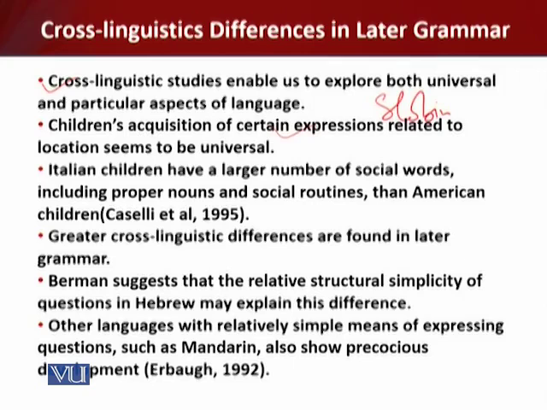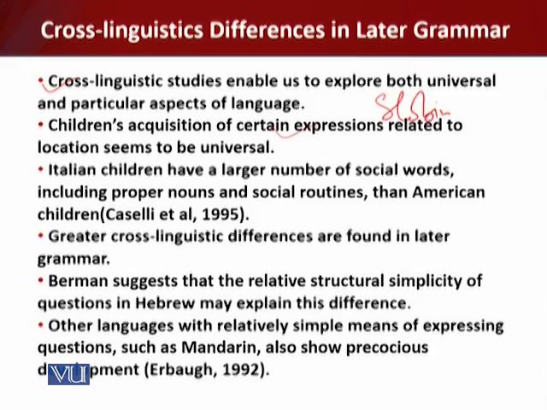Now, in English, the terms were acquired in the order indicated. A similar order of acquisition was observed in Italian, Serbo-Croatian and Turkish, despite the fact that the means of expressing locative relations varied between the languages.